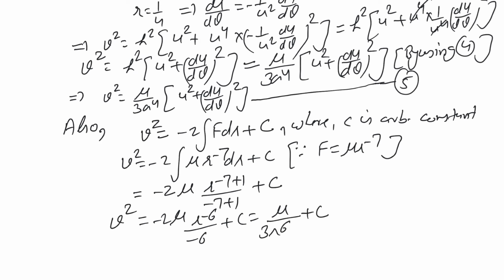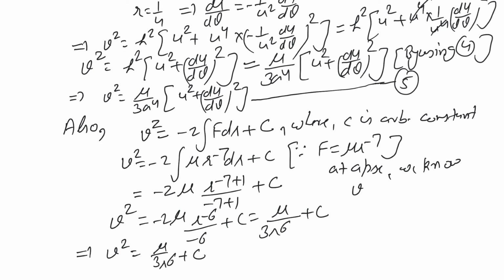This is v square, which implies v square is equal to mu by 3 r^6 plus c, where c is an arbitrary constant whose value is to be determined. At apse we know that velocity is equal to v, and this is further equal to the square root of mu by 3 a^6.